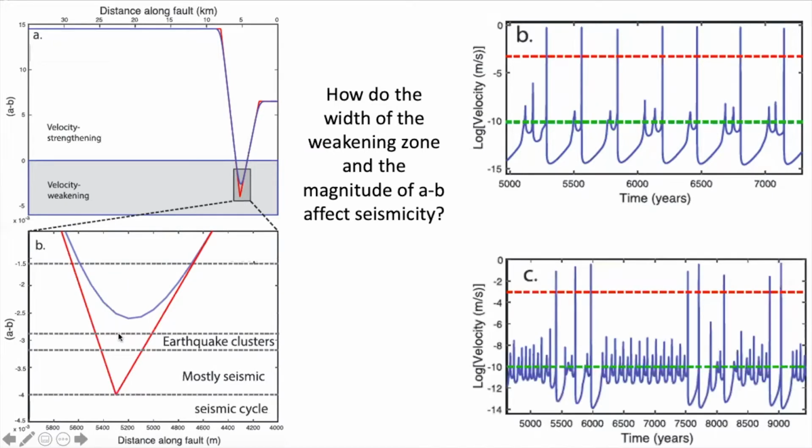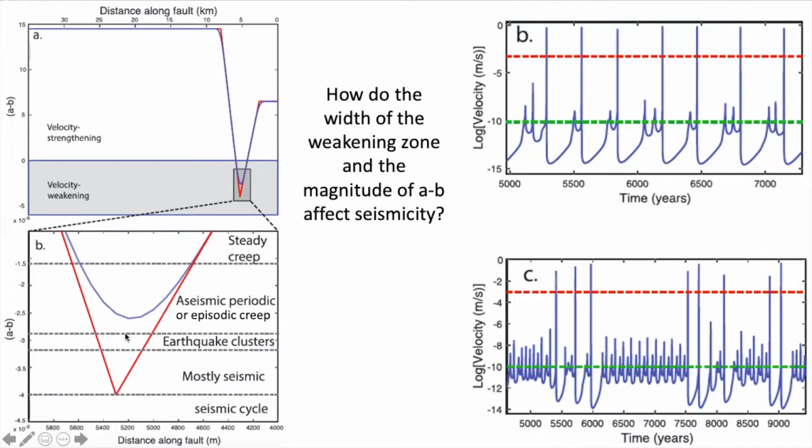Then by decreasing the peak of A-B even further, we start seeing a regime where we have clustered earthquake slips. So we have a few earthquakes separated by creep events, and then we have over 1,000 years of these aseismic creep events. Eventually, this transitions to aseismic creep.